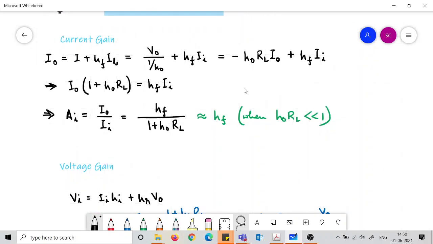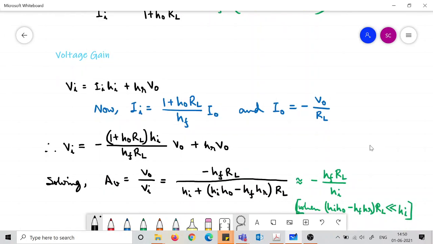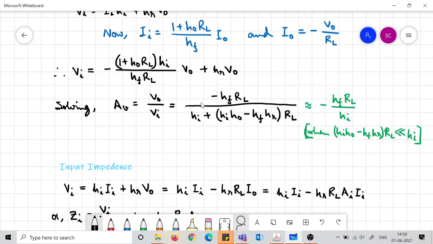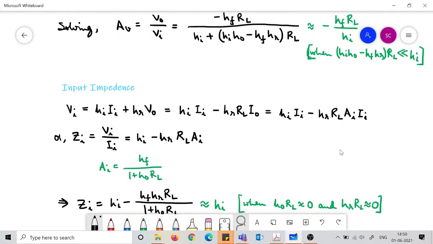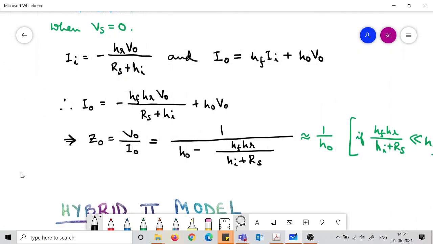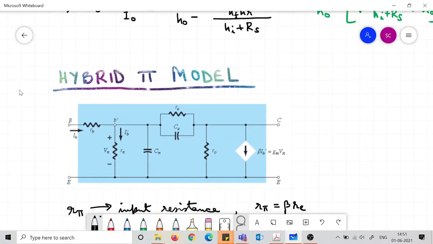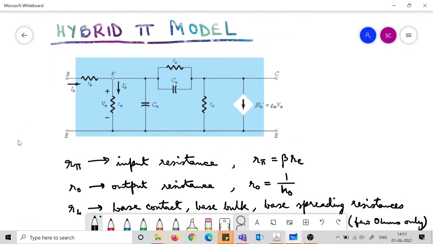So this HF, H0, HI, HR has to be replaced by the actual configuration's H parameters. Normally things are not so difficult. In your examinations you will be able to employ the approximate hybrid equivalent model, but this is a theoretical part which may also be asked in the exams. Okay, this requires some derivation, so to tax your brain, this sort of question can also be asked.